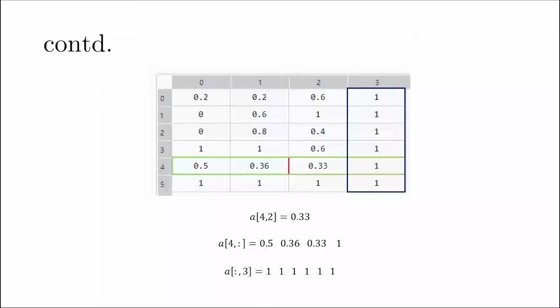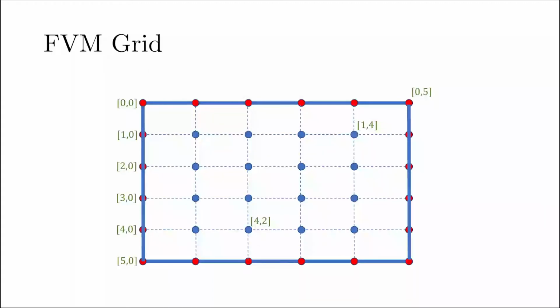Now let us look at how to use these ideas in your finite volume grid system. We had defined a finite volume grid which looked something like this. Here we had a few points on the boundary that are defined as these red points. Borrowing the ideas that we have discussed so far, the point on the top left corner would have an index of 0, 0, correct?